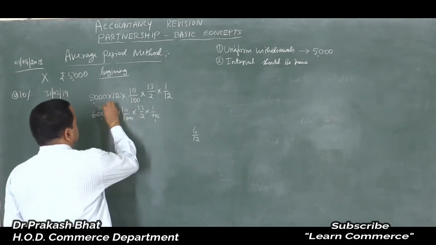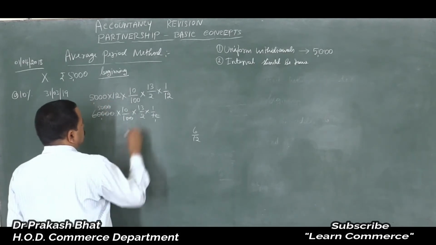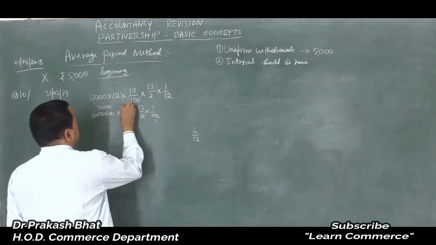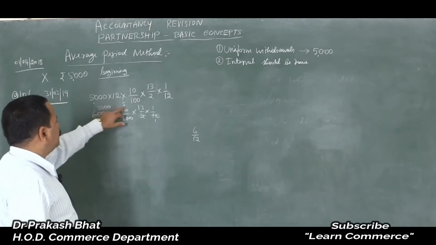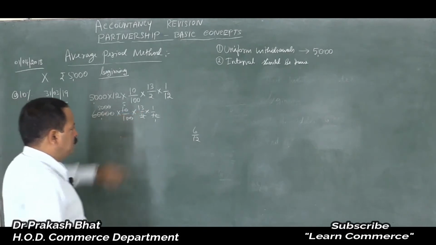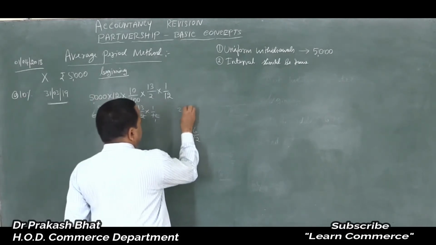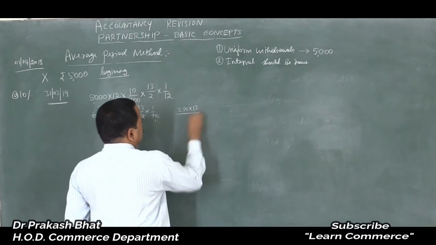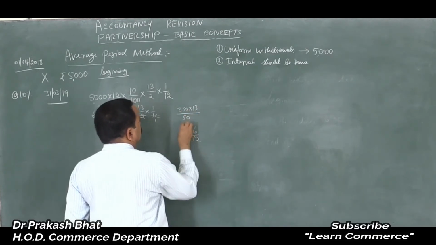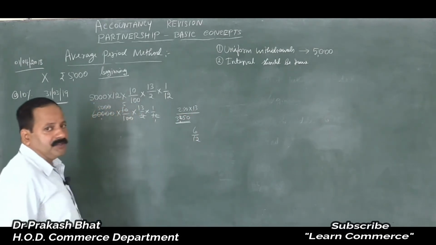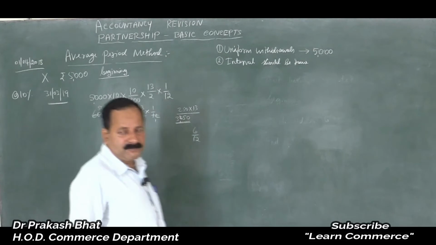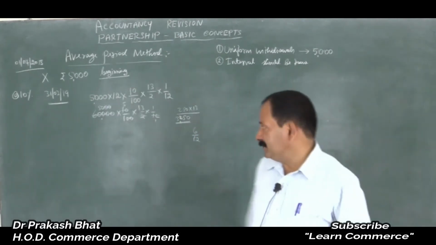Then cancel 2 zeros. Then 2 5s are 10, so 50 into 5, 250 into 13. 250 into 13 is the answer. 3,250 is the answer. That is interest on drawings of Mr. X, 3,250. That is what you have to do here.